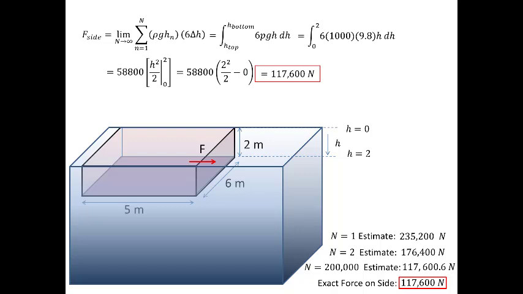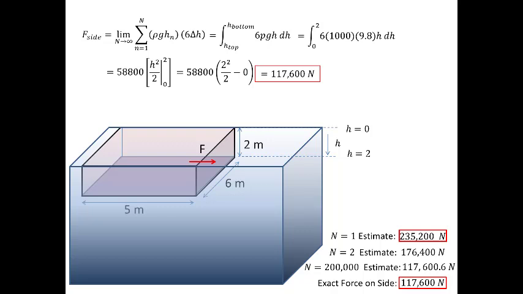So in summary, we looked at the hydrostatic force on a horizontal plate, or in this case, the bottom of the box. Then we looked at a few different ways to calculate the force on the side on a vertically oriented plate, which is a bit more complicated because that pressure is changing. We first looked at a really gross estimate where we just assumed the pressure was constant the whole time.